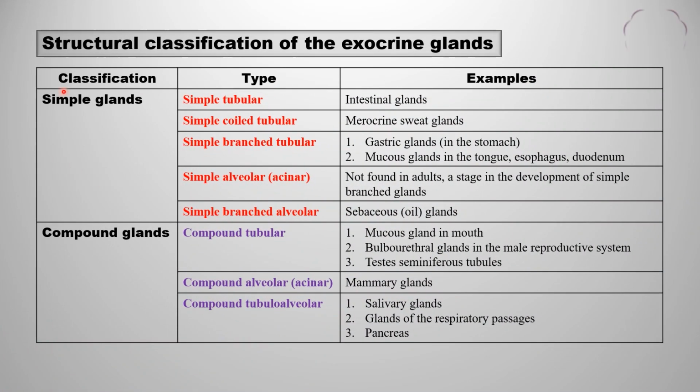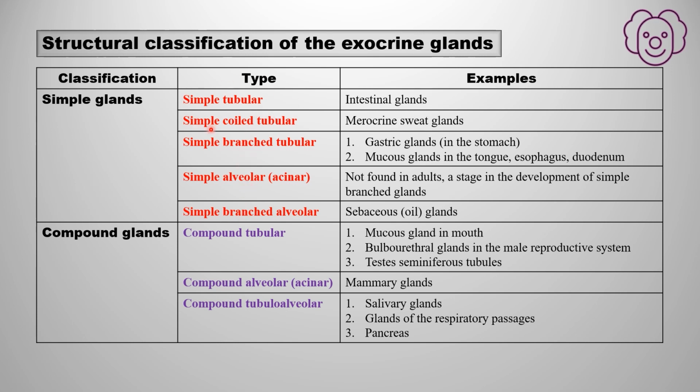Now here we talk about the simple glands, and when we talk about simple and compound, we are talking about the ducts. And when we talk about the glandular part, this is another thing. We are going to say tubular, branched, alveolar, and so on.